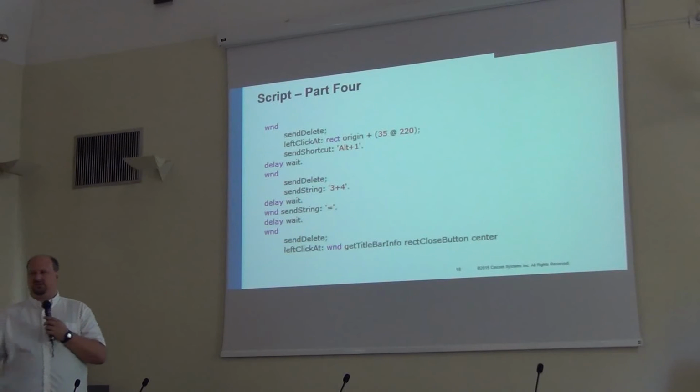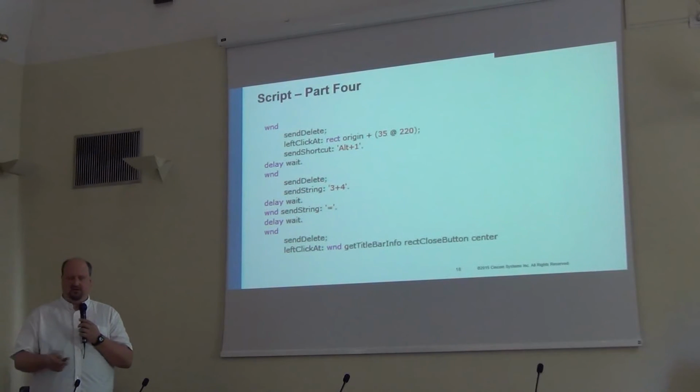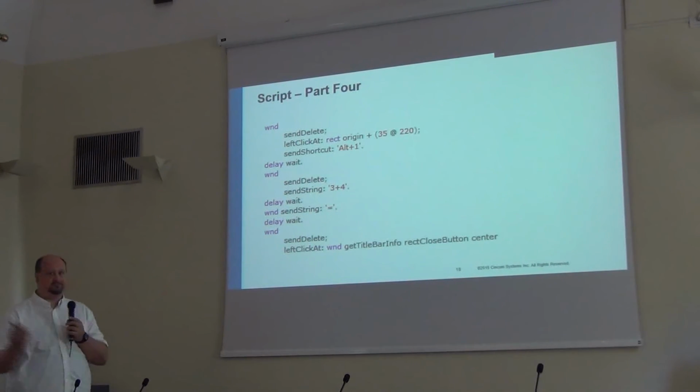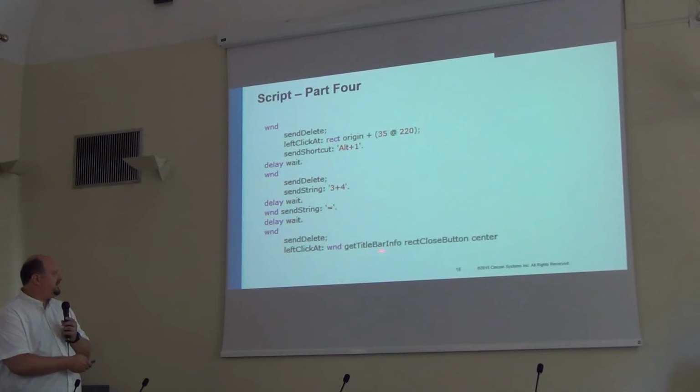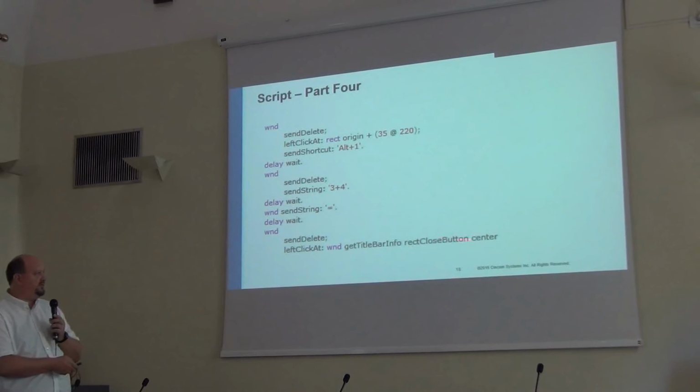Before I did just a send key return, in here I just send equal, same result. Then I send a delete, and down here, I ask the window for the title bar information, what's the rectangle of the close button, I get the center location of the close button, and I put in the left click. And that should close the window.